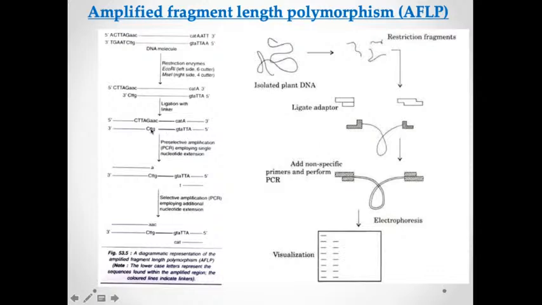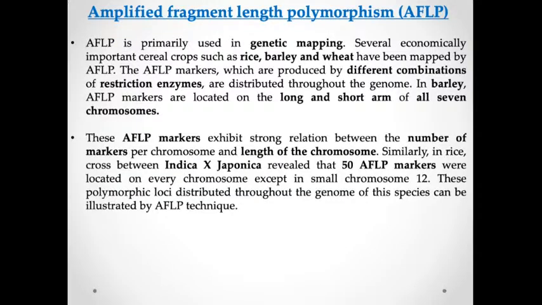So our CTTAGG remains the same like this. Your GTA TTTA, we remove this A and then we have this A here. And then we do the PCR employing the nucleotide extension. So CTTG and GGTA. So here was a single A and then they will amplify like that. So that's how the amplified fragment length polymorphism is done.